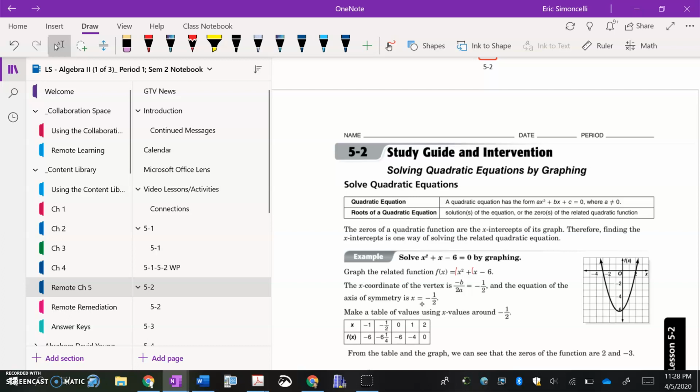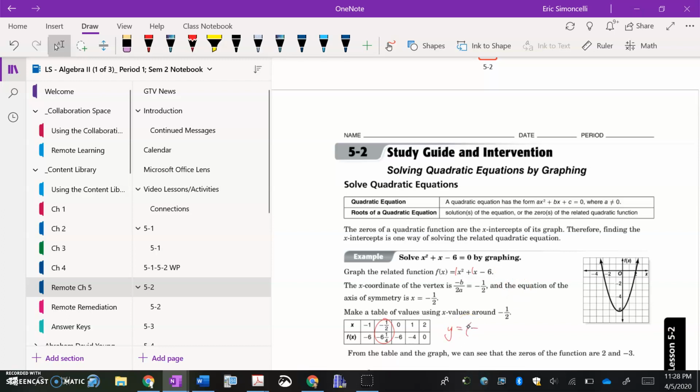The graph is already presented here for us, so I want to highlight at least 3 points, the first of which you can see is negative 1/2 comma negative 6 1/4, which we can assess simply by plugging in negative 1/2 into the function. We'll do that here. So I'll say y equals this time.